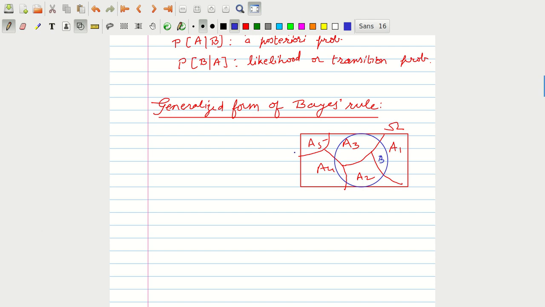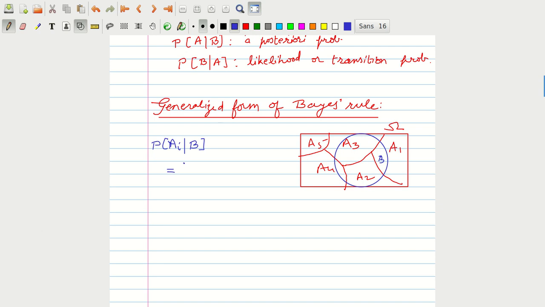So the problem is to find out which of the Ai's has caused B to be received. That means we want to find out probability of some Ai, where i is 1, 2, 3, 4 in general up to n, given that B has been received.